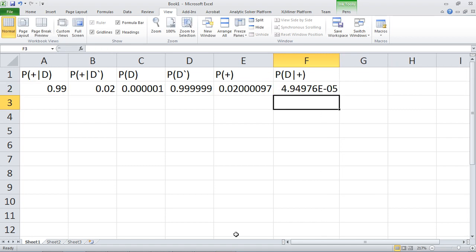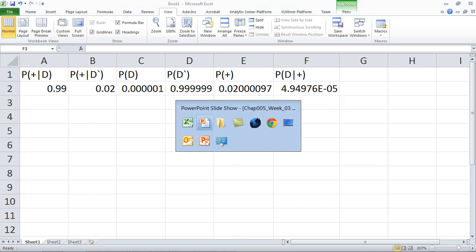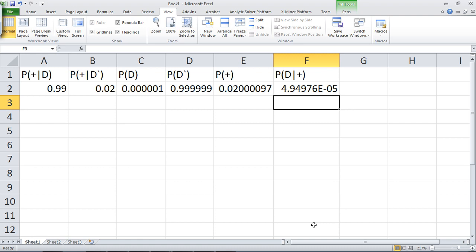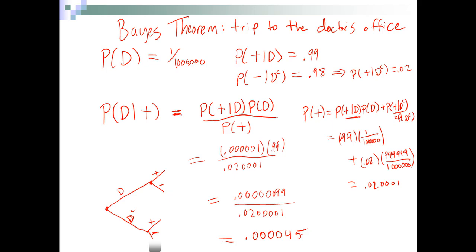So it looks like that probability is very small. Well, let's write down what it is. This is 0.99, 1, 2, 3, 4, 5, 4, 9.